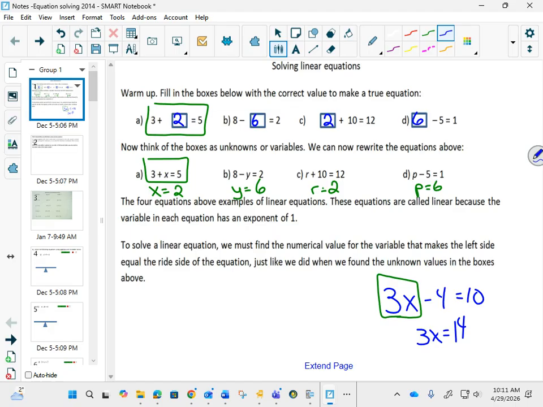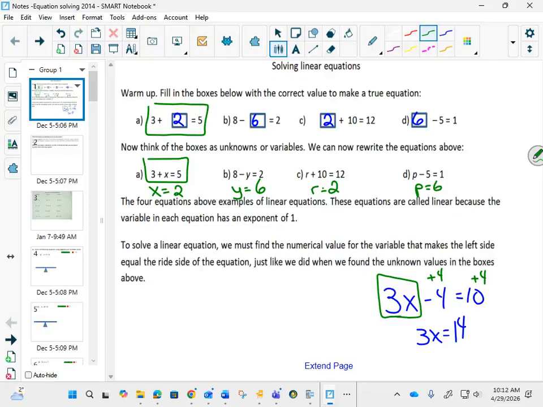I'll tell you this. So what we're going to learn in this unit is that kind of strategy. What did he do in his head? He basically said, if I move this over to the other side, the opposite of subtracting 4 is adding 4.